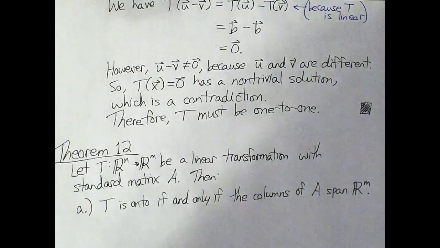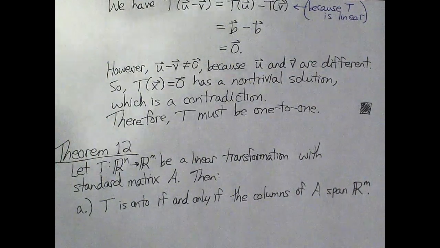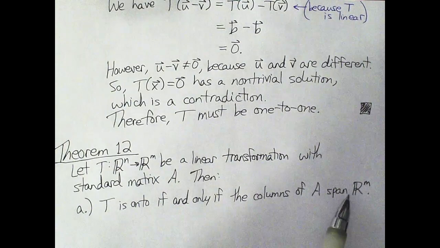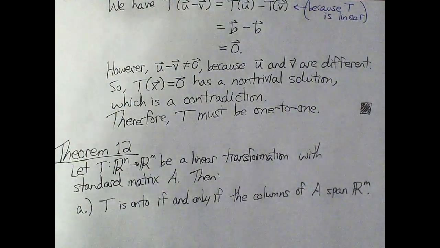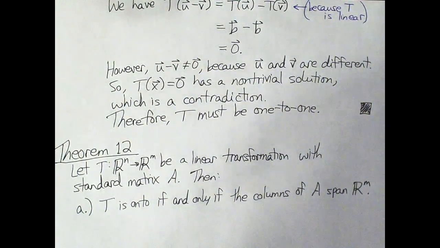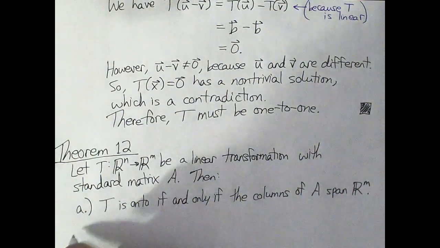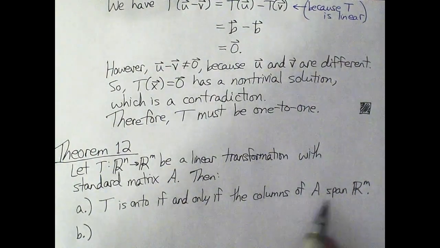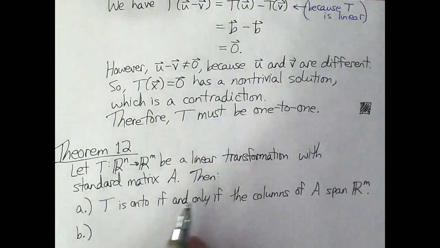Okay. So we're bringing in some concepts from a previous section. We talked about what it means for a set of vectors to span a space, for these vectors to span the space Rm. So if you know that the columns span Rm, then you know that T is onto, and vice versa, because this is an if and only if.